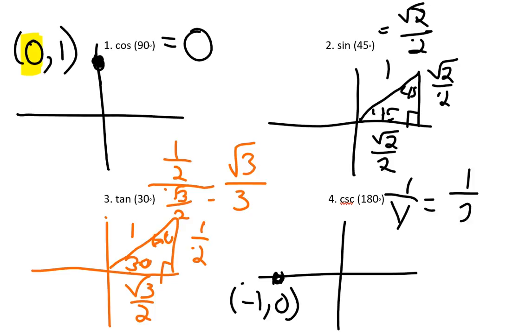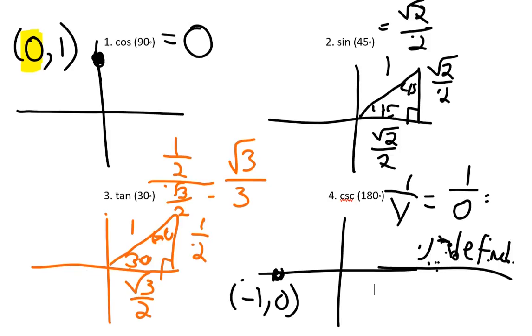This will give me 1 over 0, which is undefined. So anytime we're dividing by 0, we're going to get undefined as our answer. Those are examples of degree measures.